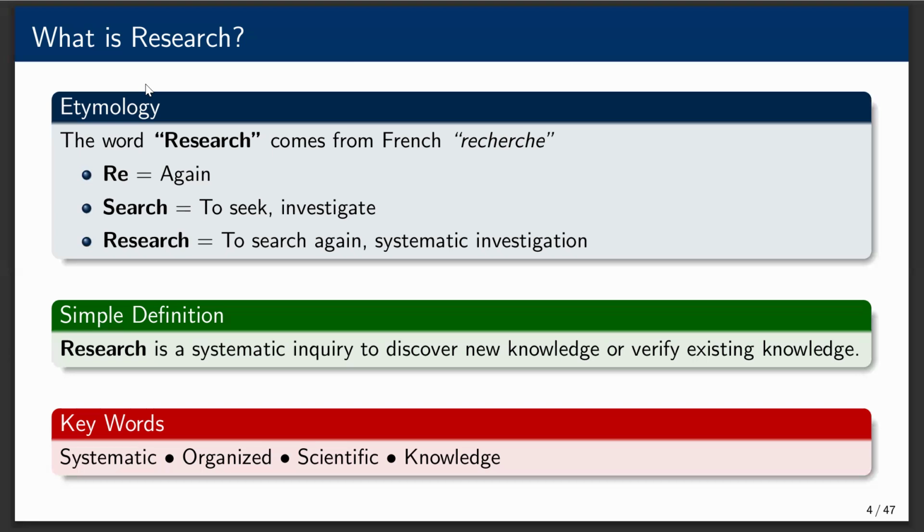What is important here are the keywords you have to emphasize: systematic, organized, scientific, and knowledge creation. Suppose you are not systematic. How?